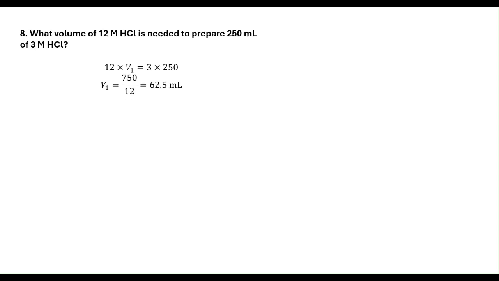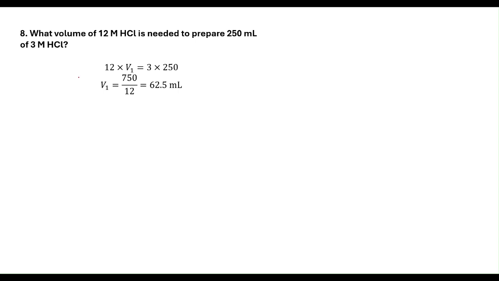Next question is, what volume of 12 molar HCl is needed to prepare 250 ml of 3 molar HCl? So here we want 250 ml of 3 molar HCl, and we have 12 molar HCl solution. How much of this 12 molar HCl is needed?